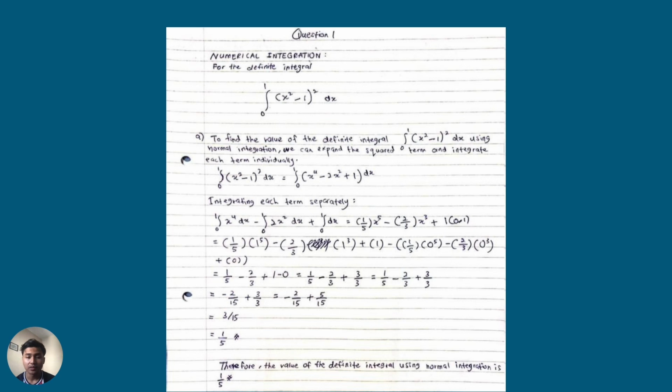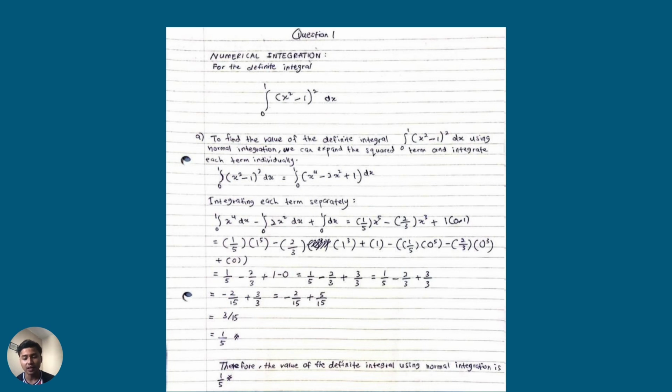And then integrating each term separately: the integral of x^4 dx minus the integral of 2x^2 dx plus the integral of dx, equal to [(1/5)x^5 - (2/3)x^3 + x] from 0 to 1.